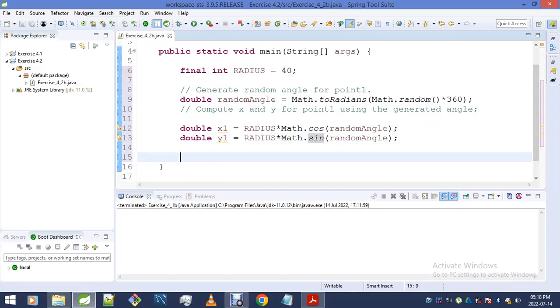Once I'm done doing that, there's something, guys, that I wanna mention here, and it's for you to figure it out. That right there will give us a random number between 0 and 360, excluding 360.